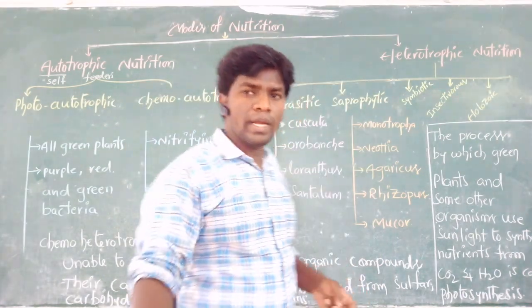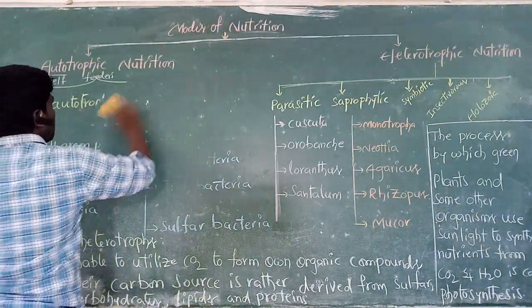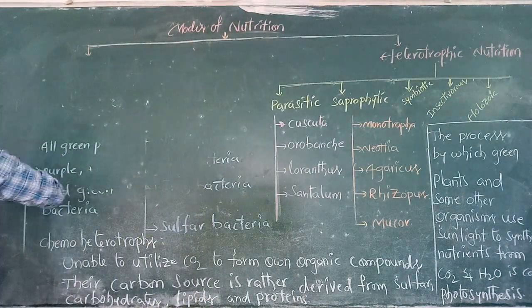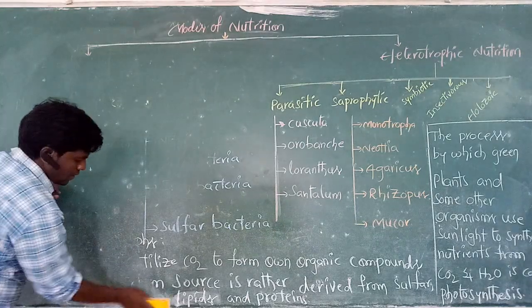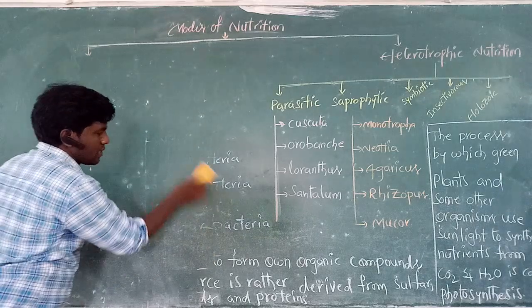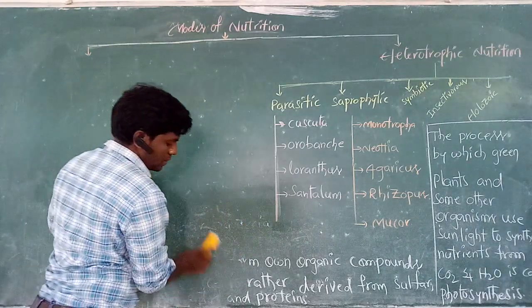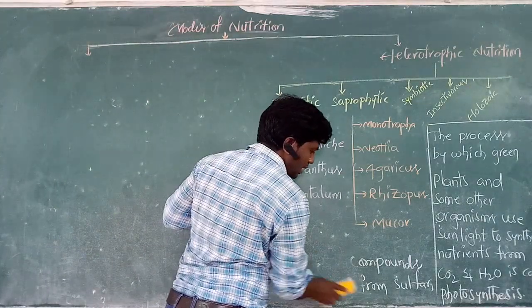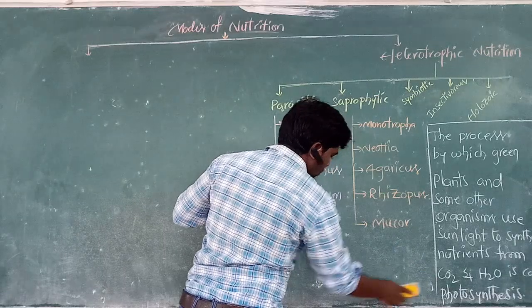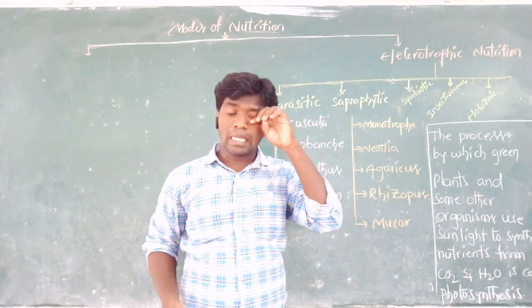Next, coming to heterotrophic nutrition. Hetero means others, trophos means feeders. These heterotrophs will eat other animals. For example, lion, tiger, fox, wolf, these animals eat other animals.